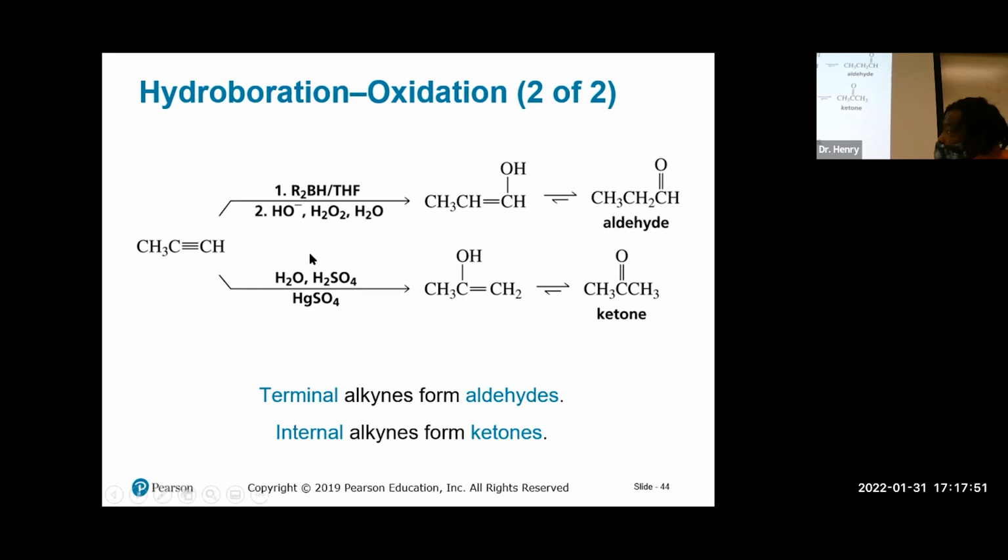And then we can use the mercuric oxidation to get our ketone. So if we have a terminal alkene, we're going to form an aldehyde with this process using the hydroboration oxidation compared to that ketone. Now if we have an internal alkene, we form a ketone.